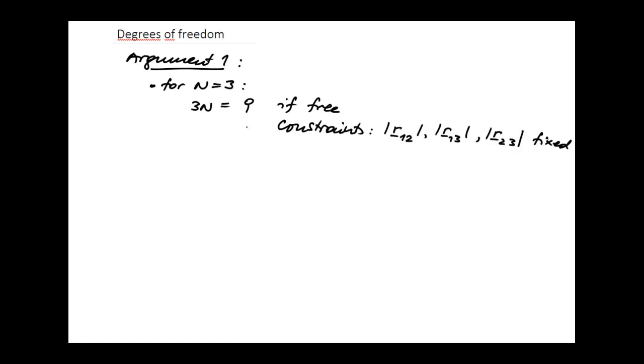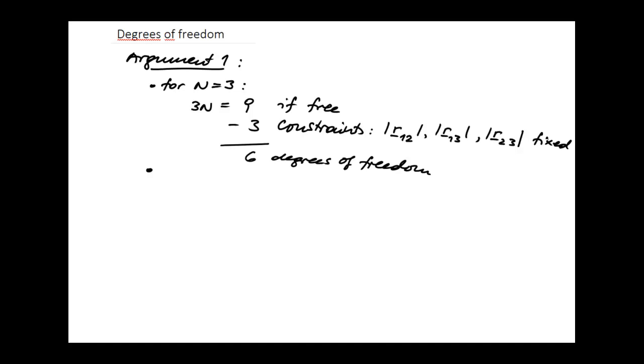These are in total 3 constraints. So you subtract the number of constraints from the number of degrees of freedom that you would have without any constraints, and the net number of degrees of freedom that you have is 6.